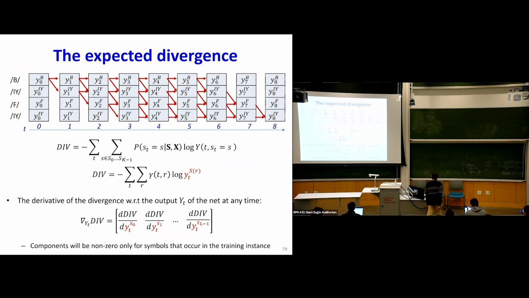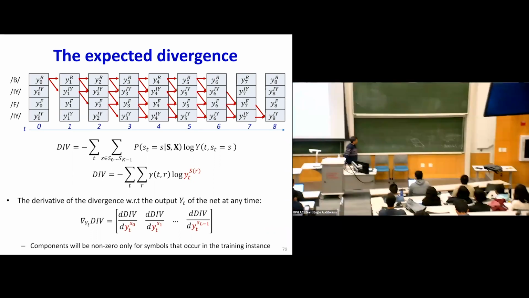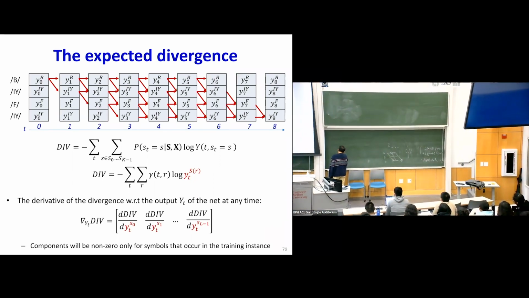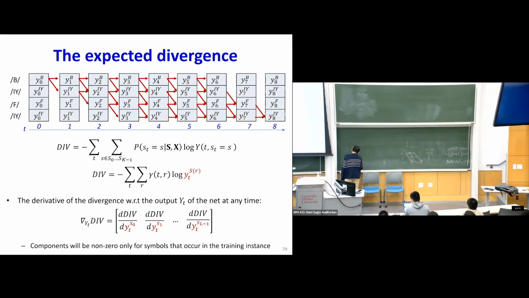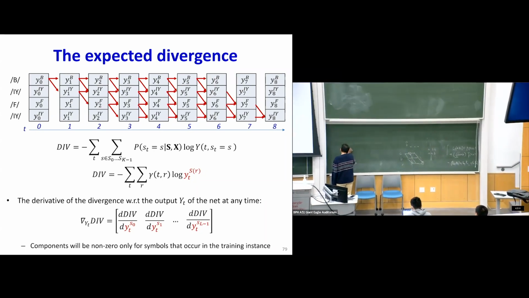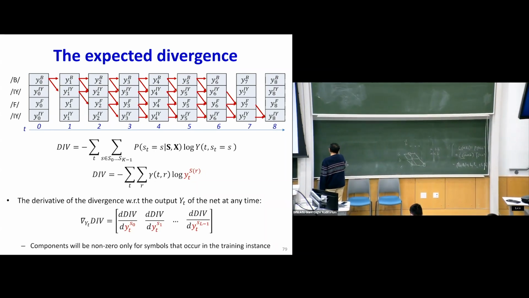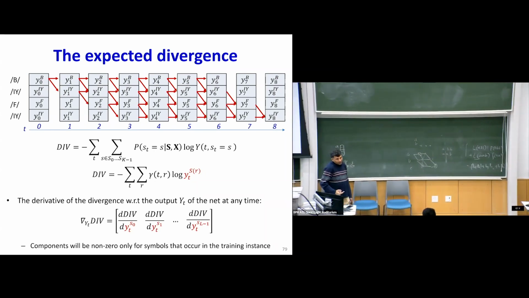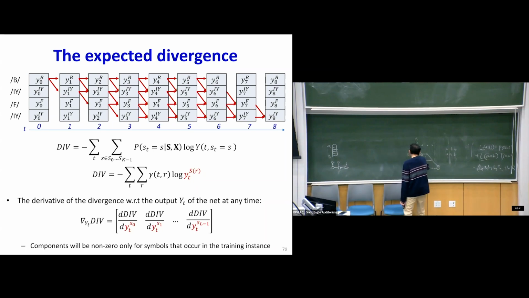If you had a network computing at each time a probability over all symbols, and from these you pick some probabilities and form this graph, then I want the derivative of the divergence with respect to this entire probability vector.